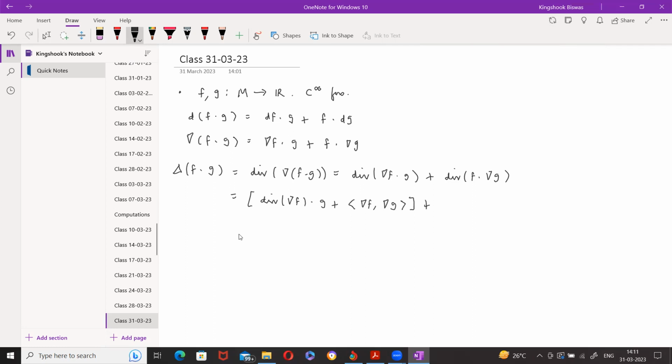And similarly, the second term will also give two terms: the inner product of grad f with grad g plus f into the divergence of grad g, right? Is this okay? Yes, sir. So what does that give us? Divergence of grad f is Laplacian f. So we get the product rule for the Laplacian: Laplacian of (f g) equals Laplacian f into g plus twice the inner product of grad f and grad g plus f Laplacian g.